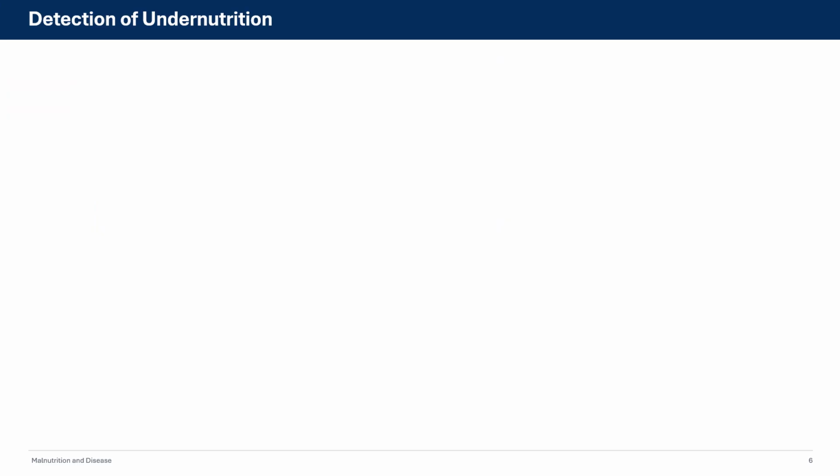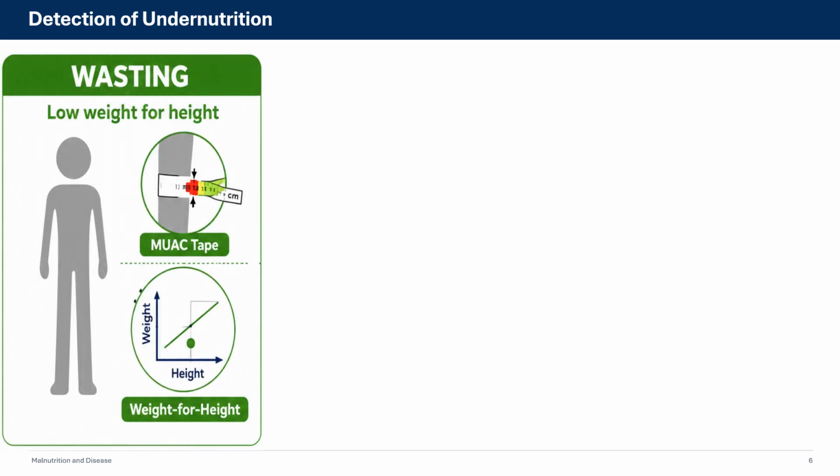Now, undernutrition can be determined using anthropometric measurement. Each anthropometric measurement uses different comparison depending on the type of undernutrition being studied. For example, wasting, which is low weight for height, is determined by measuring both weight and height and comparing against the standard plot for weight and height.